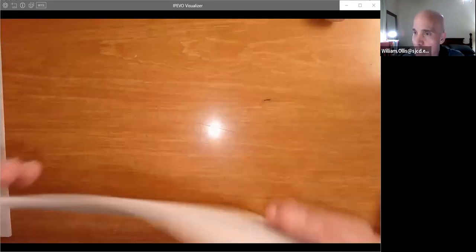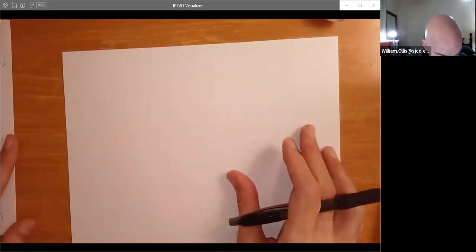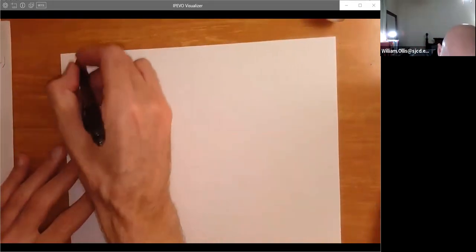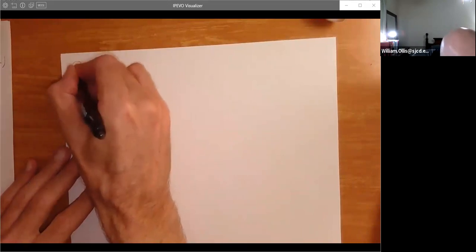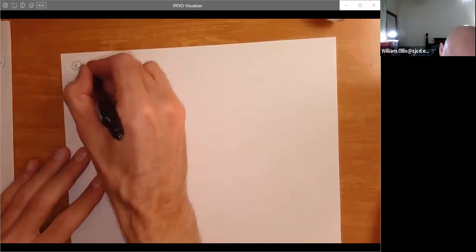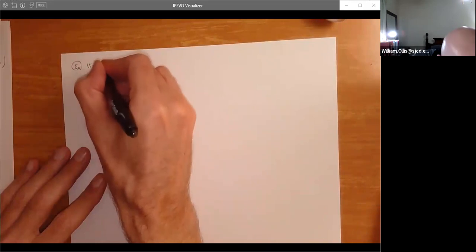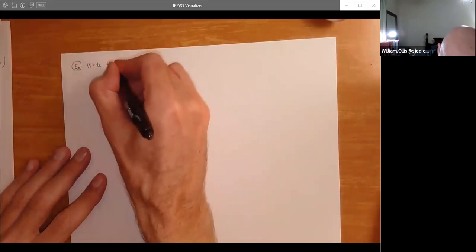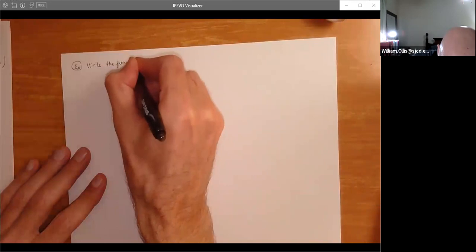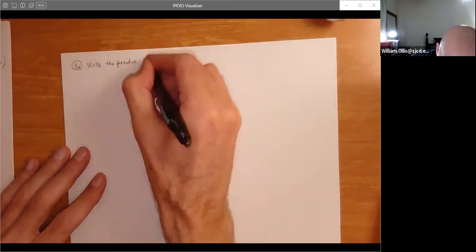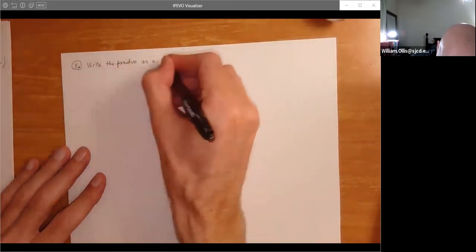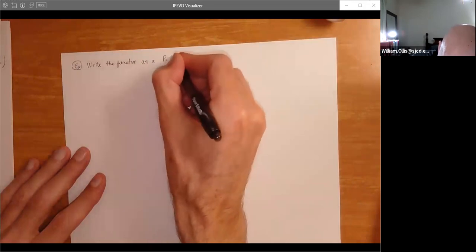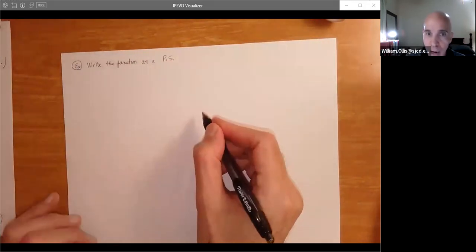Again, I think this is one of the most satisfying sections of the chapter here. So let's do this. Let's write the function as a power series. And in this case, I'll say P.S., power series.